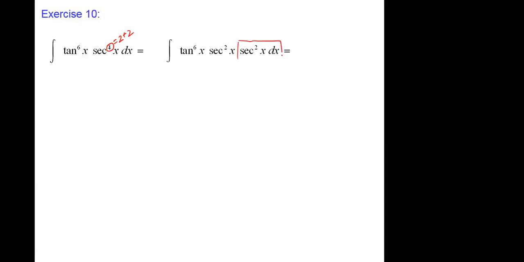And I am saving this to be the derivative of tangent, which will be du. This part must be rewritten in terms of tangent. Tangent to the power of 6 is okay, but secant square of x could be rewritten as tangent square of x plus 1.